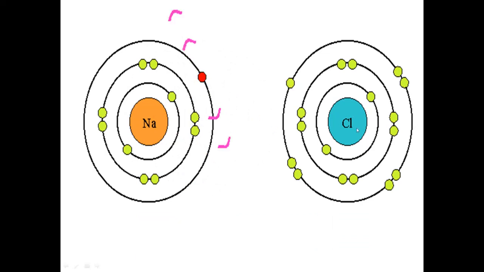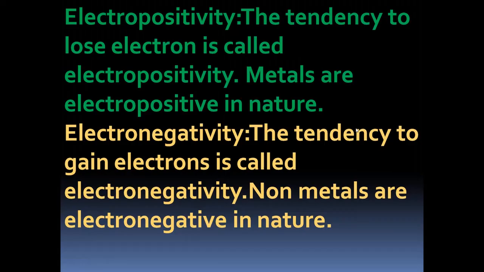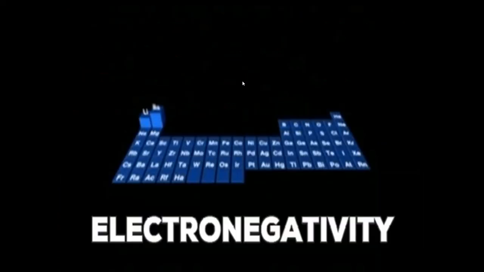Therefore, chlorine is electronegative in nature. Electropositivity is the tendency to lose electron and electronegativity is the tendency to gain the electron. So non-metals are electronegative in nature and metals are electropositive in nature. This is what we have learned from this.